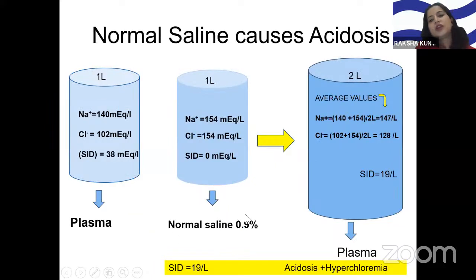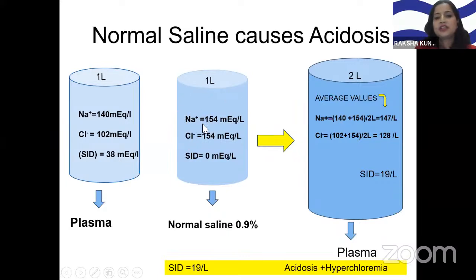So let's put this knowledge into our body now. If we have 1 liter of plasma and we are giving 1 liter of normal saline, we all know that the plasma concentration of sodium is 140 and chloride is 102, and the resultant strong ion difference would be 38, which is normal. And we are giving 1 liter of normal saline.